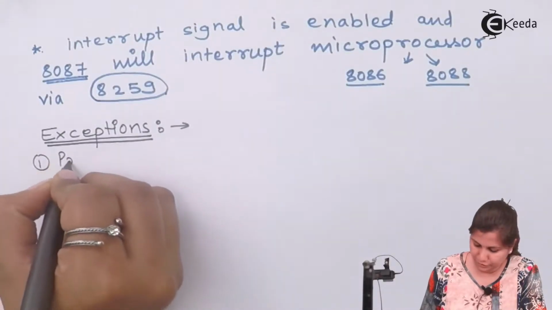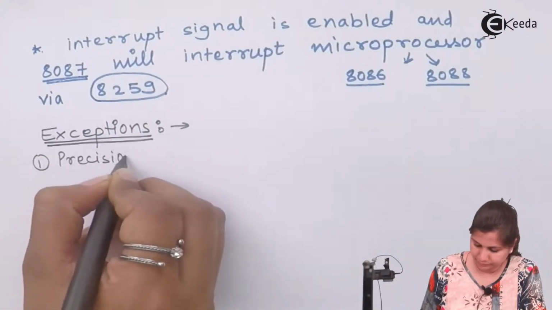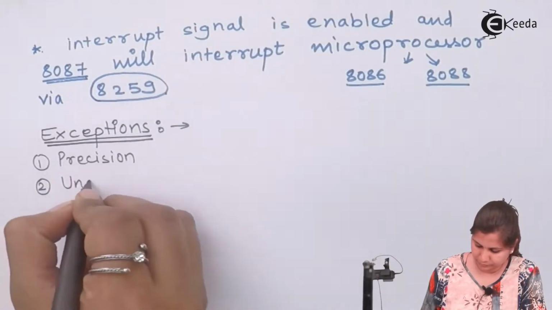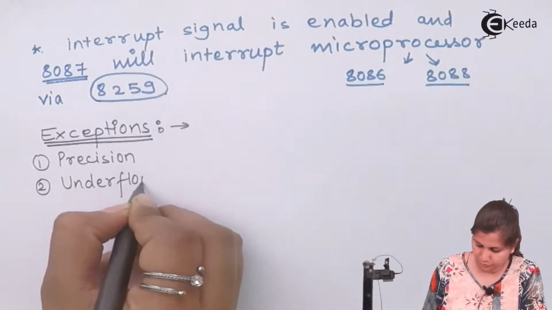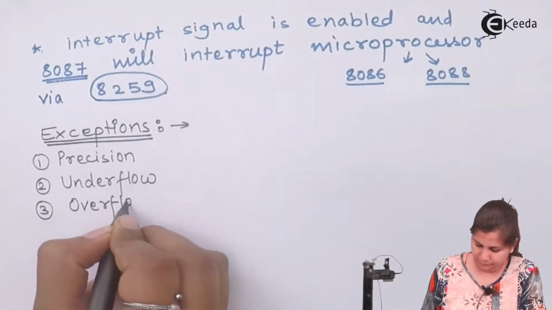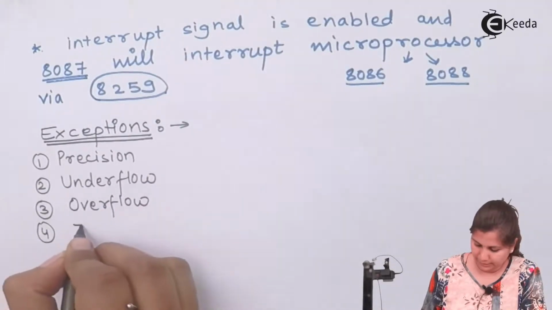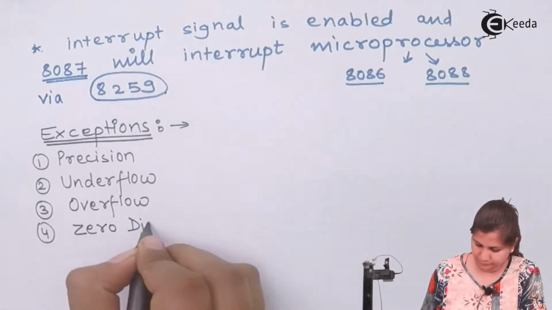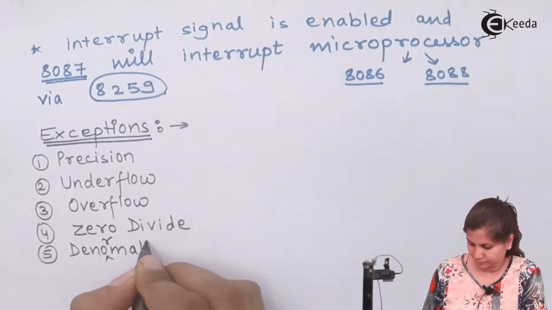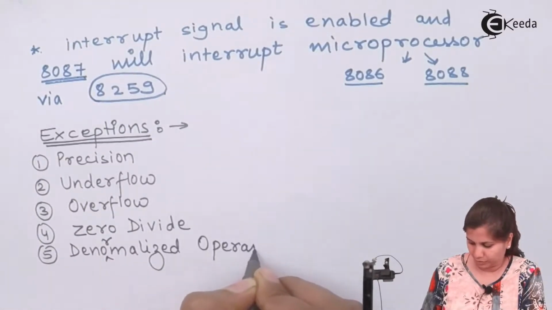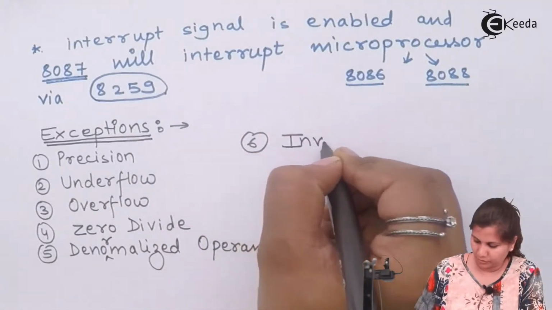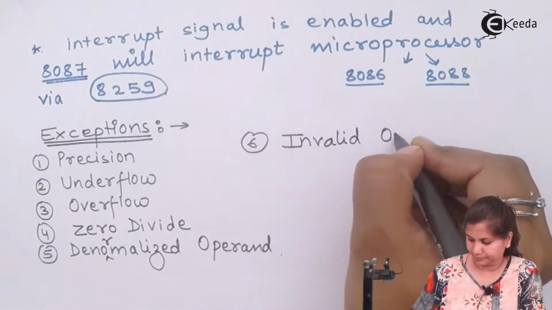First is the precision exception, then underflow, overflow, zero divide, denormalized operand, and invalid operation.